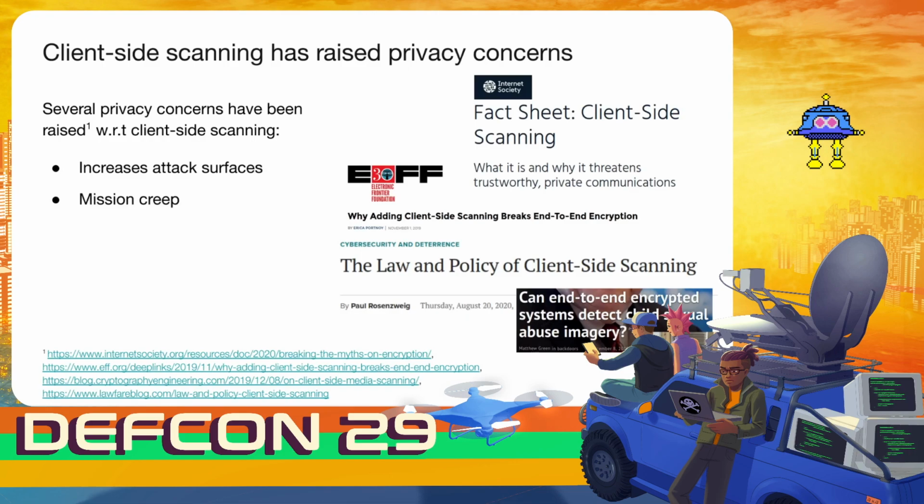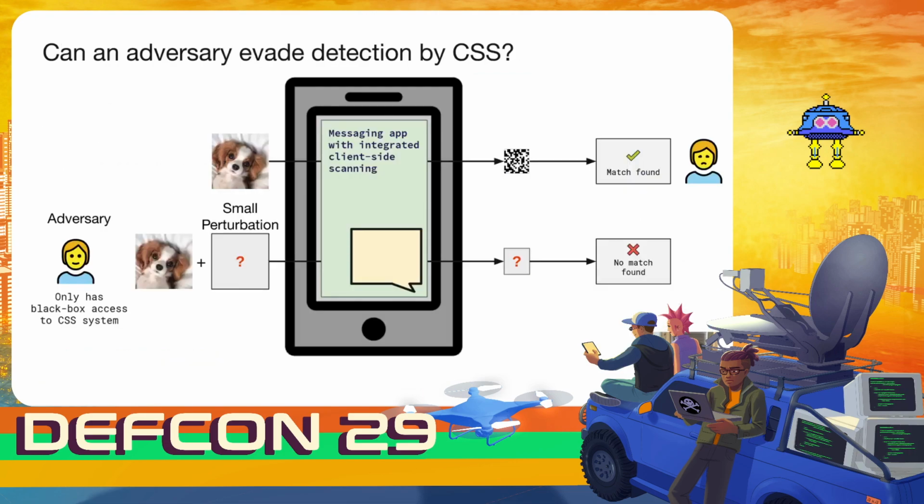Given this, the question that we ask is, can an adversary evade detection by client-side scanning?